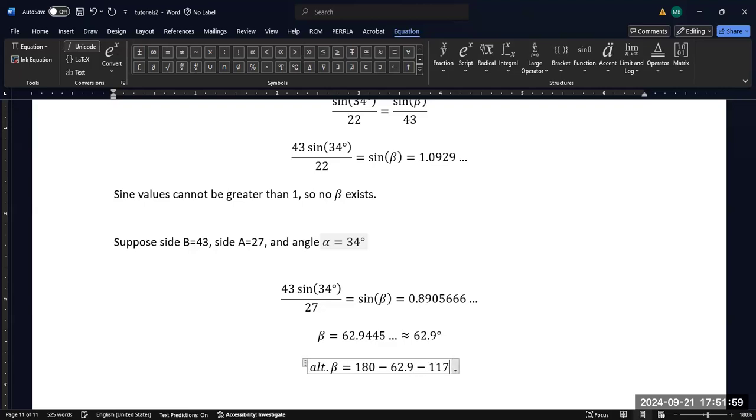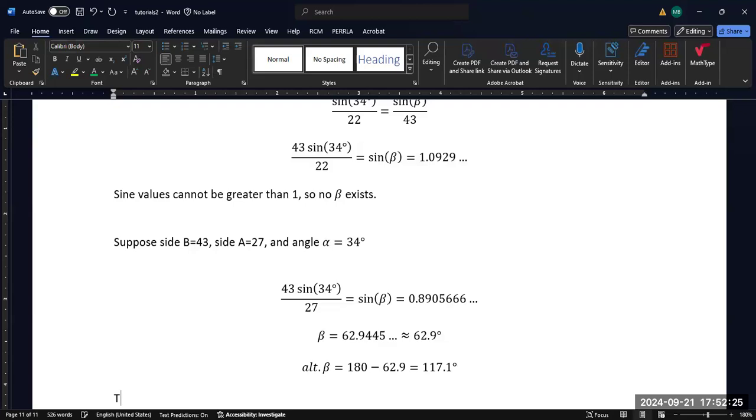Which is 117.1. Now, let's think about this. We know that 62 and 34 are definitely going to be less than 180. 62.9 plus 34 is going to be 96.9.